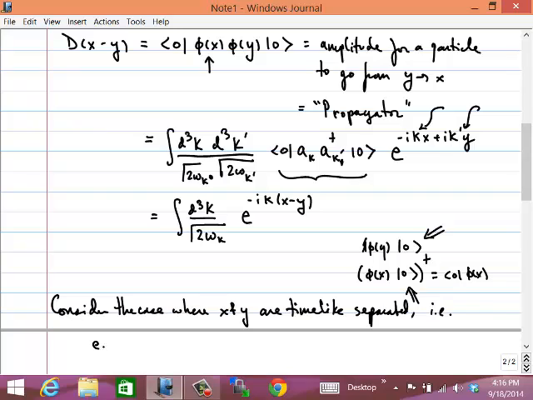For example, we could consider the case where y is just 0 and x, say, is (t, 0, 0, 0). So this is the amplitude for a particle that is created at the origin at time t equals 0 to arrive at some later time t in the future. Okay, so I'll take t to be bigger than 0.